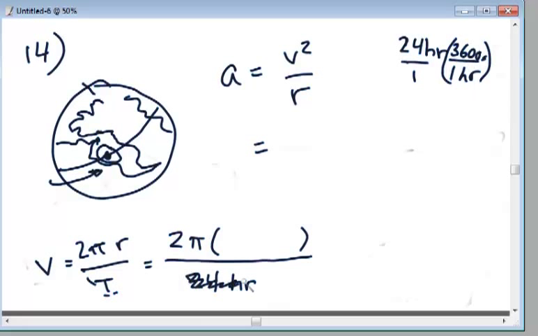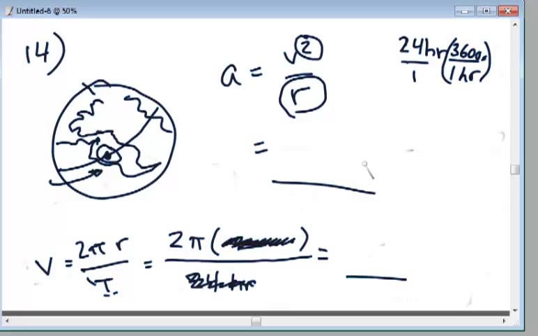So that's the number you want to put in there. Once we have that, that's our v. Square it, divide by that very same radius that you used over here, and that should give you a number. We did this in class. That's right in the range given.